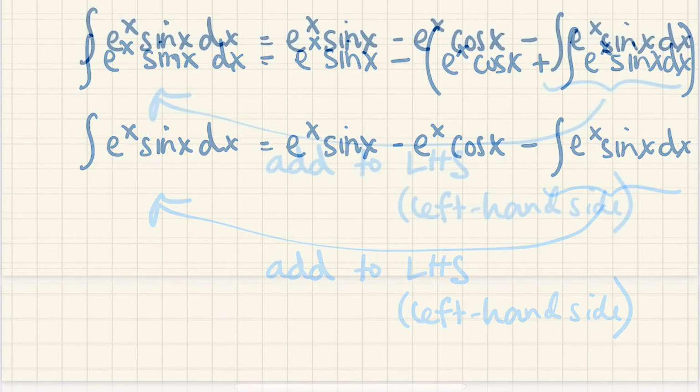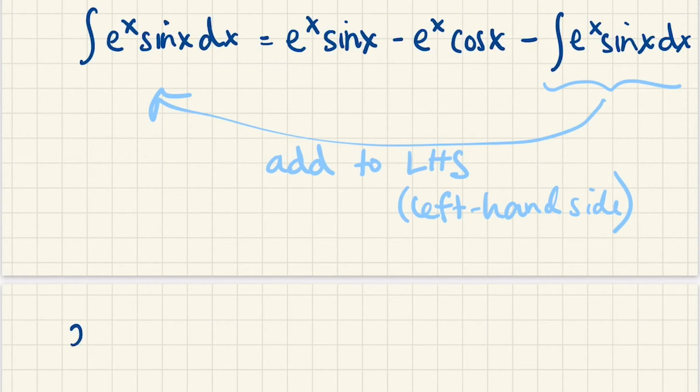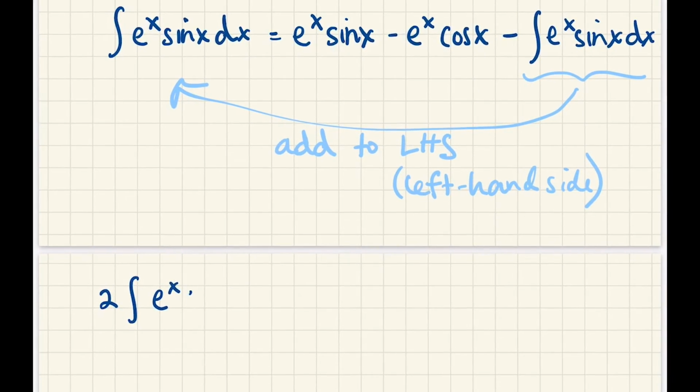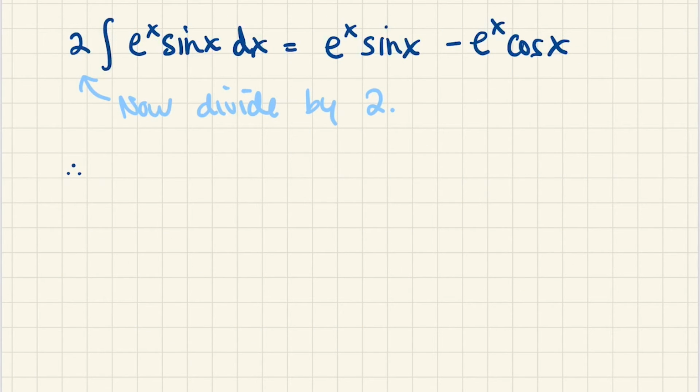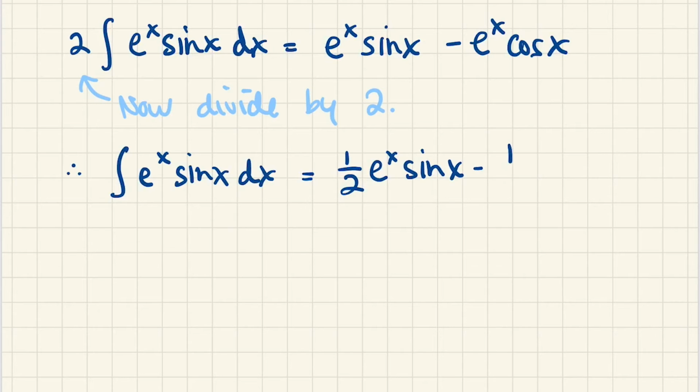So if we did that, we would have 2 times this integral is equal to e to the x sine x minus e to the x cosine x. Well then just divide by 2. So we get the integral of e to the x sine x dx, which was the original problem, is just 1/2 e to the x sine x minus 1/2 e to the x cosine x.